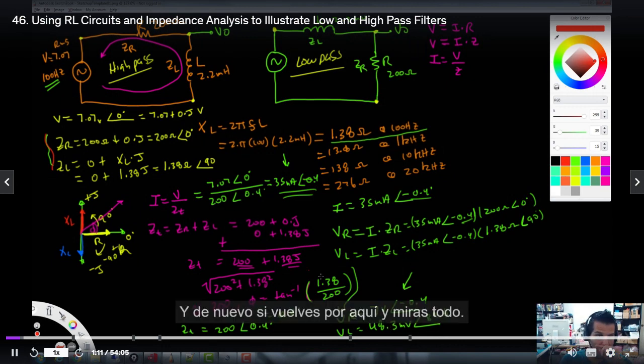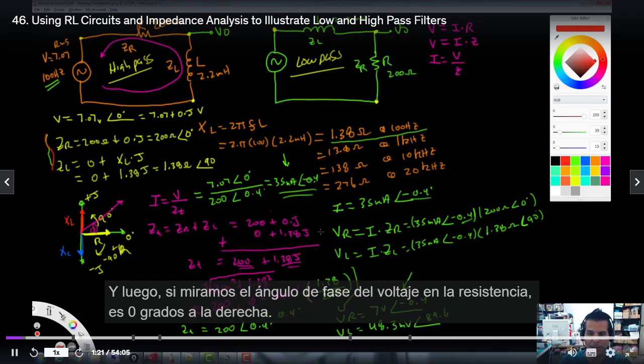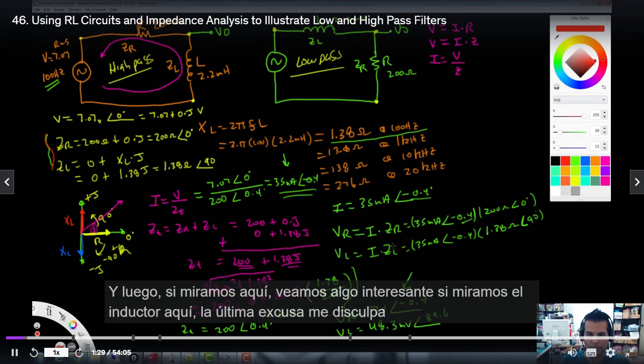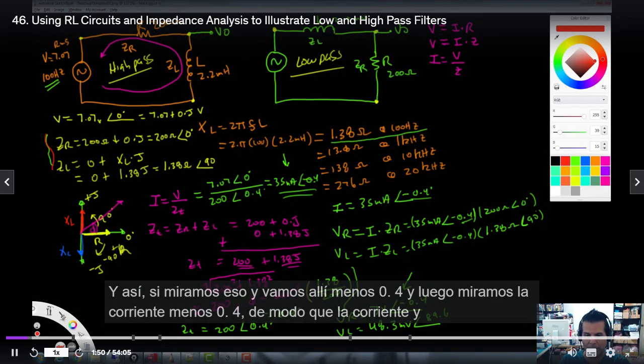And again, if you go back through here and look at everything, for example, the phase angle of the source voltage is 0 degrees. Something interesting: the voltage on the resistor is down here, minus 0.4, and if we look at the current, minus 0.4.